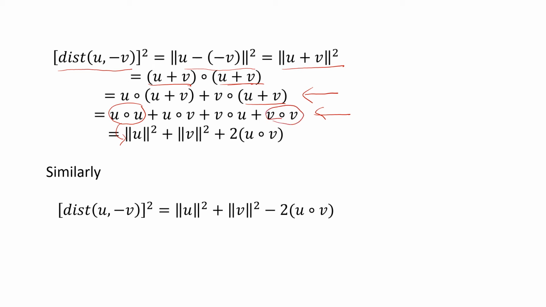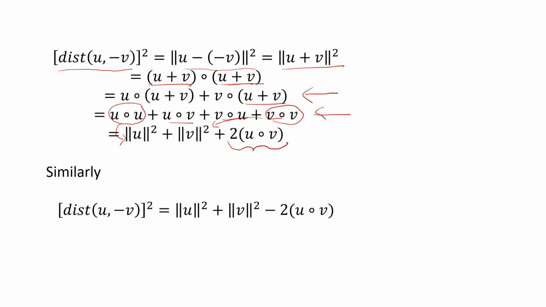V dot product v is the norm of v squared. What are you left with? U dot product v plus v dot product u. And again, because it doesn't matter what order you do them in, that becomes 2 times u dot product v. So this is just using basic algebra and the properties of dot products to rewrite the distance between u and negative v.